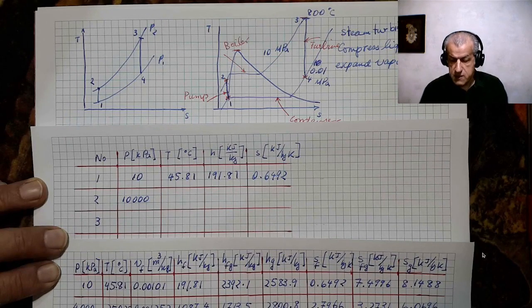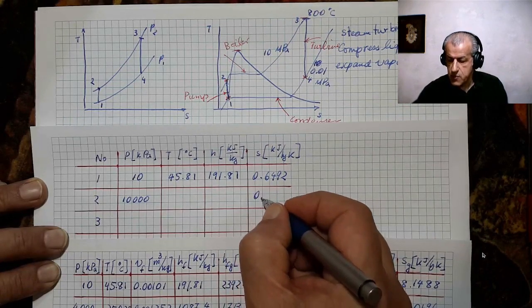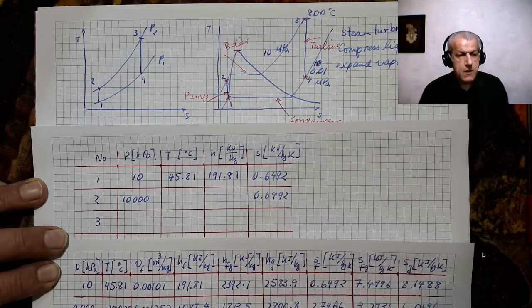We have to calculate that. We don't know its enthalpy. And for the ideal cycle, we know its entropy, and that would be the same as point 1, which is 0.6492.